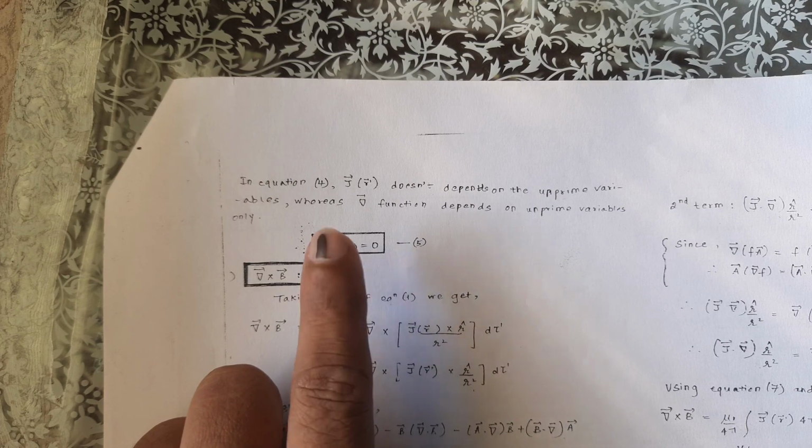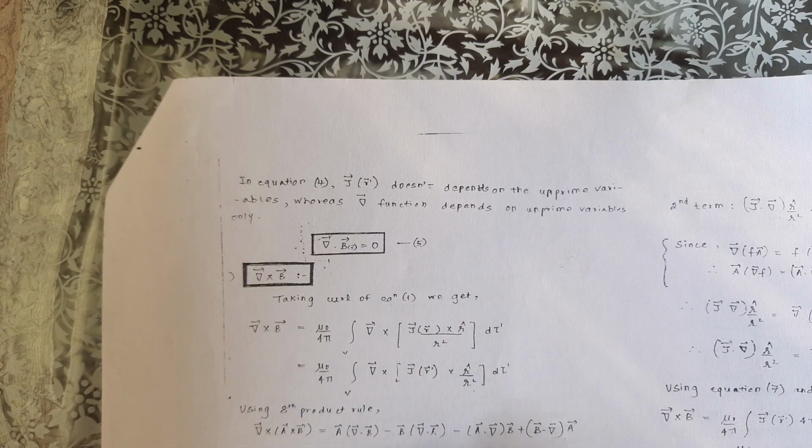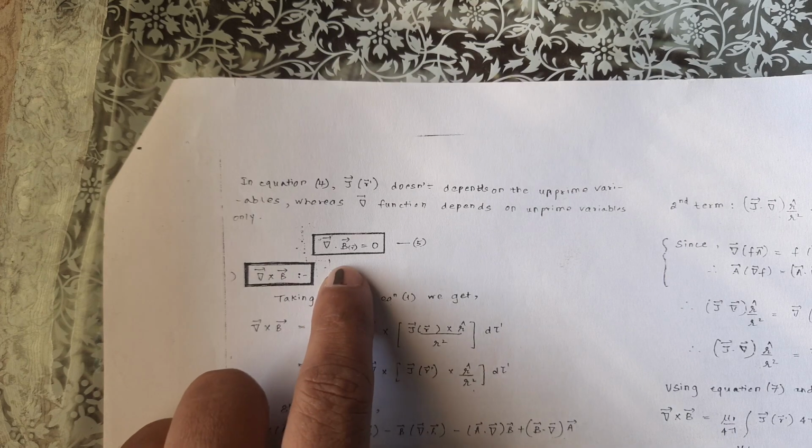This equation shows that the divergence of the magnetic field vector vanishes.